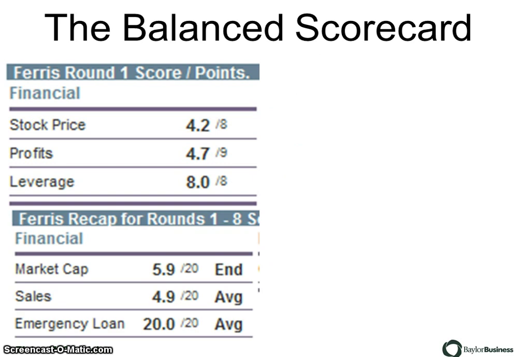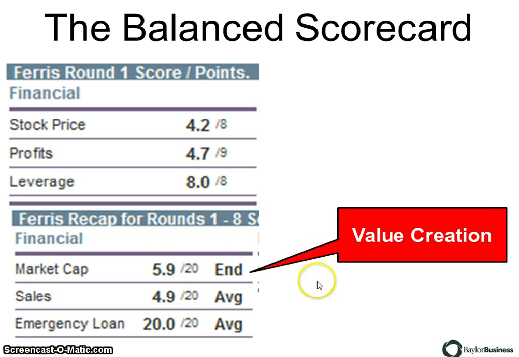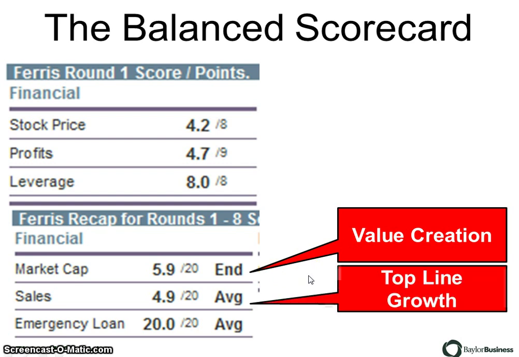The recap scorecard is very important on the financial front as well, so I think I'll just wave at it. You have your round over round scores, then your recap score, which is cumulative across all the rounds. It tracks your market cap, so if you're creating value through your financial decisions and your managerial decisions, you improve your market cap round over round.